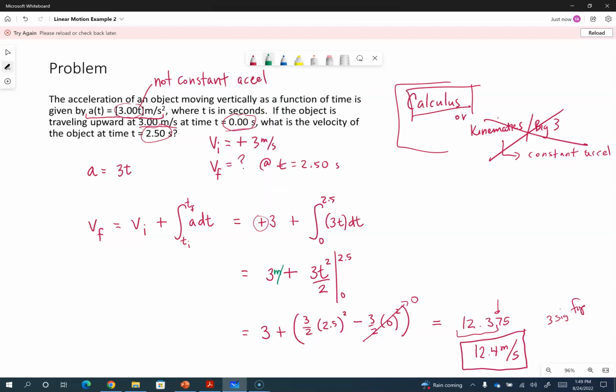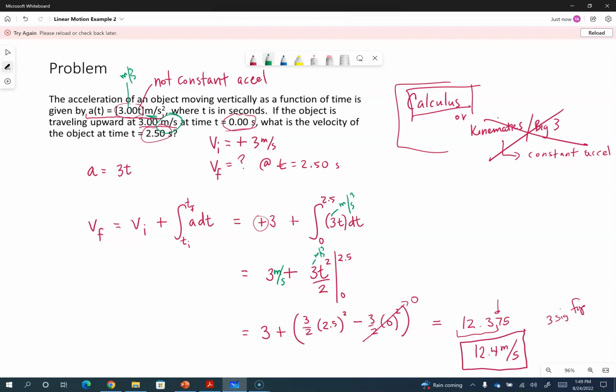If you want to follow the units through, the initial speed was given to us in meters per second. Because of the equation telling us that this acceleration is in meters per second squared, the 3 needs to have units of meters per second cubed, so that when we multiply by time, we end up with meters per second squared. If this 3 has units of meters per second cubed, it still has meters per second cubed after the integration.